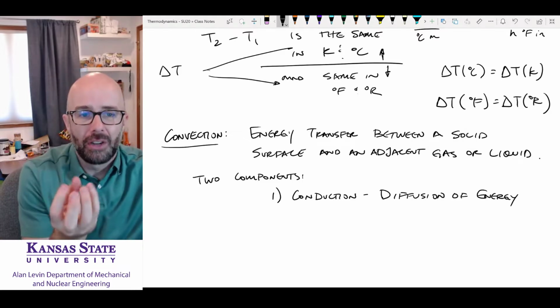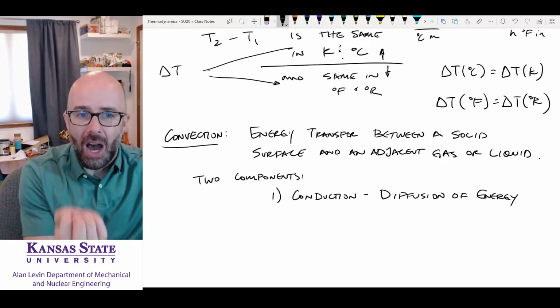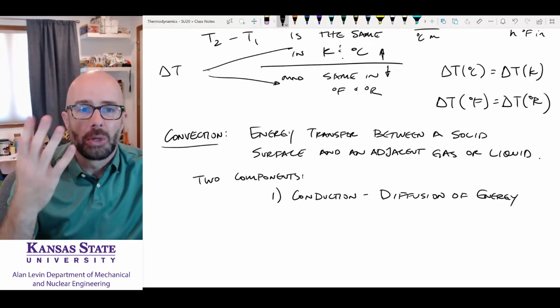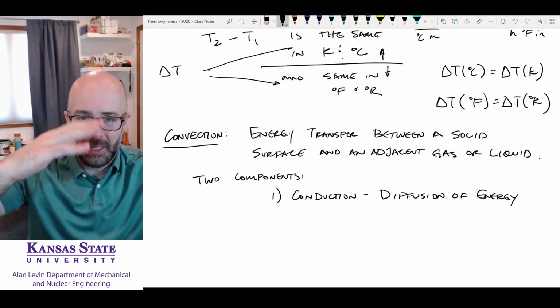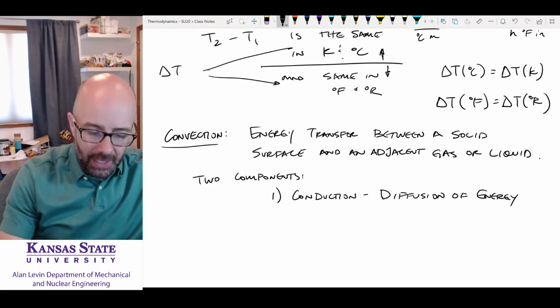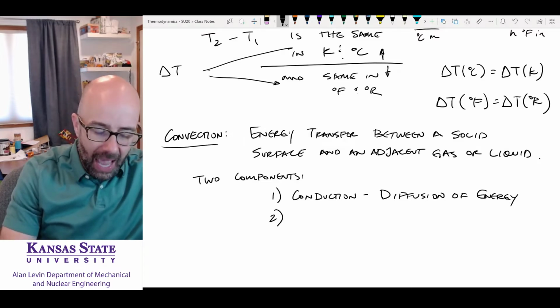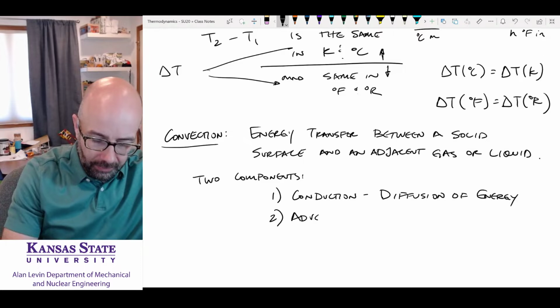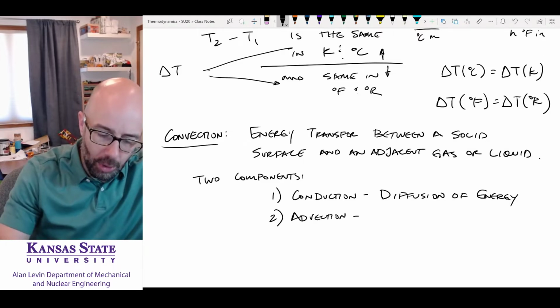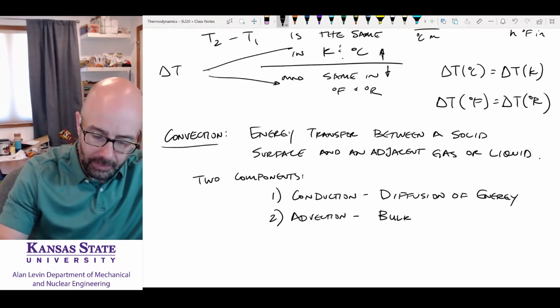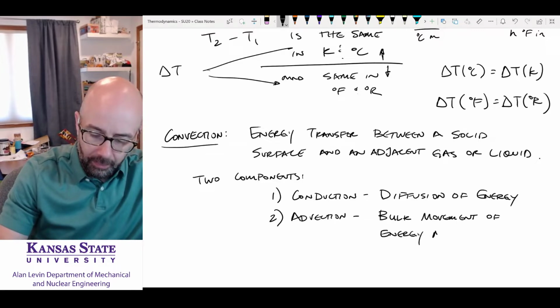There's still going to be that diffusion of energy from a hotter surface to a colder medium. But what else is going to happen is going to be the advection, or the bulk movement of energy away from the surface.